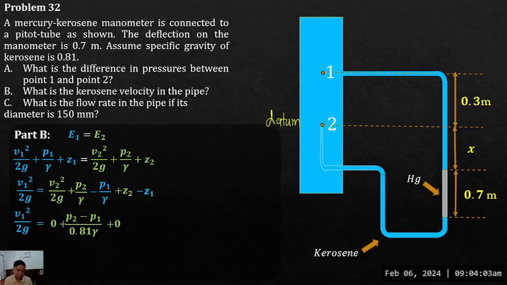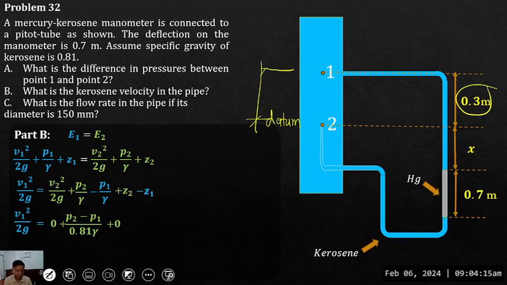So, ibig sabihin, yung Z1 natin is going to be this height. Okay, and that is 0.3. Ayan. So, in order to find the kerosene velocity, substitute natin yung pressure difference na na-solve natin sa letter A. And then, square root natin both sides.